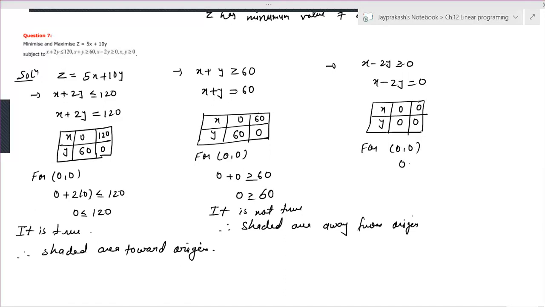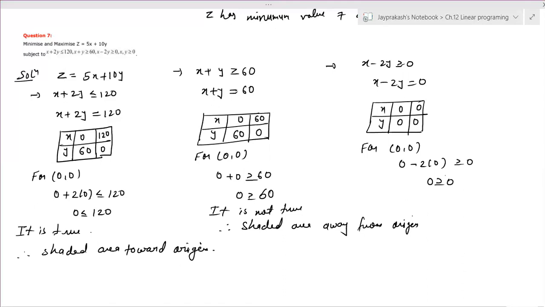So for 0, 0, we can simply say it is passing from the origin, so we can write here it is true.